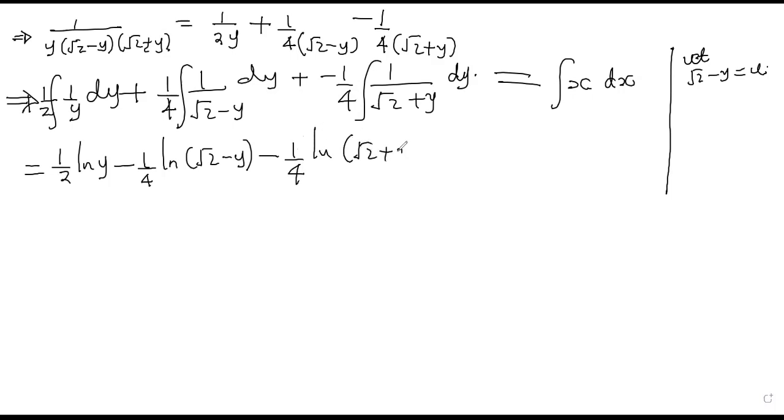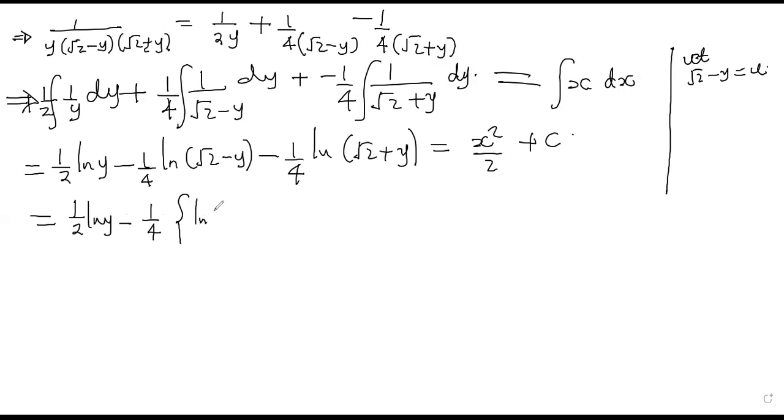√2 plus y, which is equal to, when you integrate this side, x squared over 2 plus a constant of integration. I recommend, in case this work is giving you challenges, because we saw how lns come about in integration. So this is the same as a half ln y minus a quarter; here we can factorize a quarter.